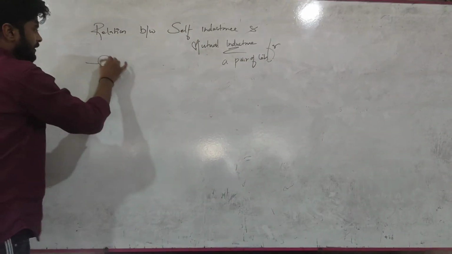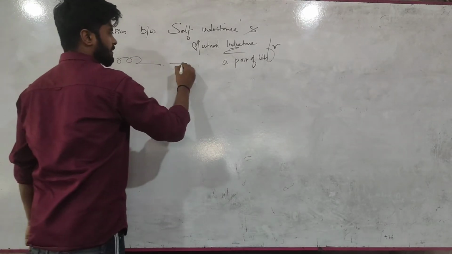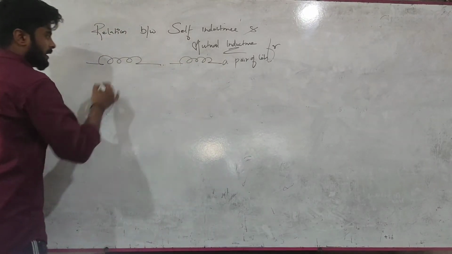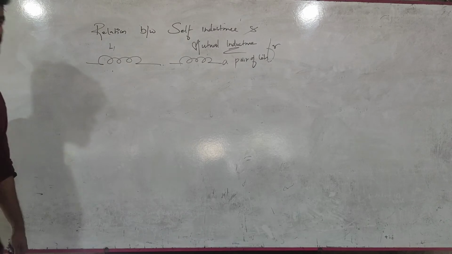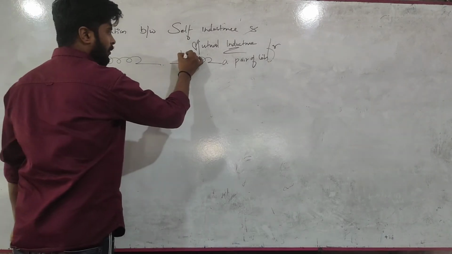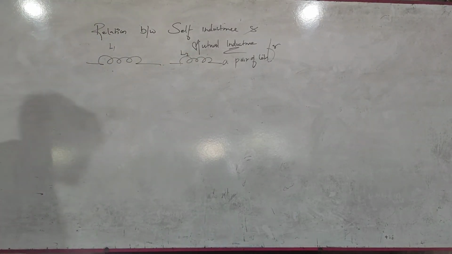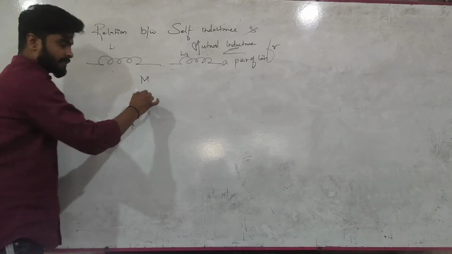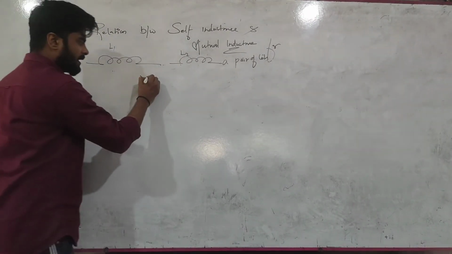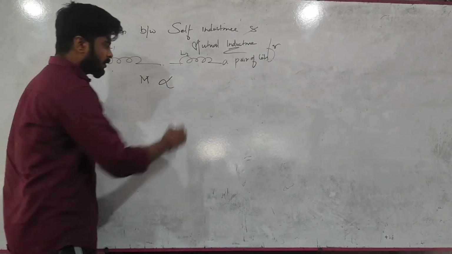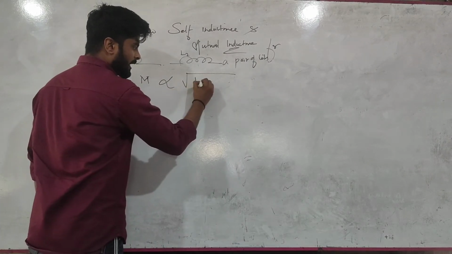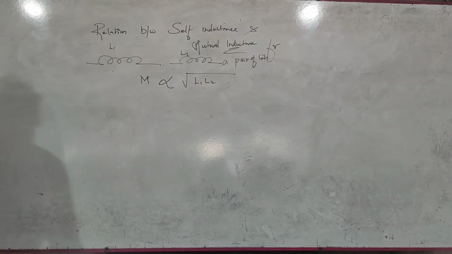Imagine we have a pair of coils. The first coil has self-inductance L1, the second coil has self-inductance L2. If so, the mutual inductance will be directly proportional to under root L1 L2. This is the relationship between mutual inductance and self-inductance.